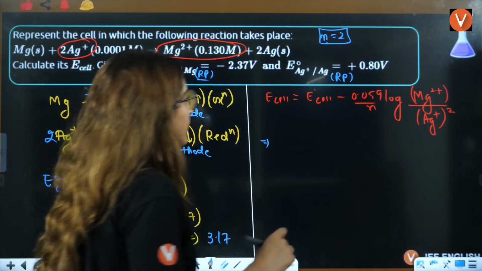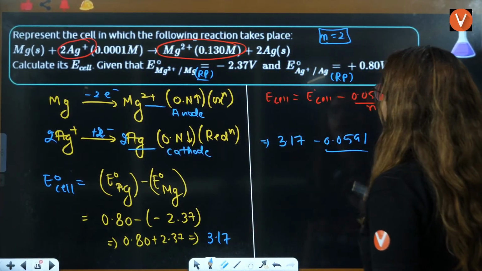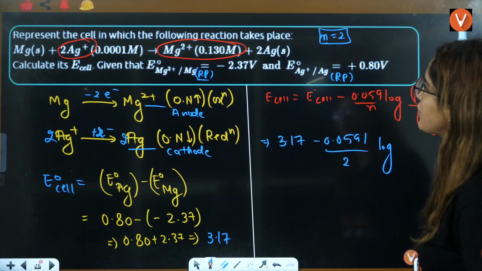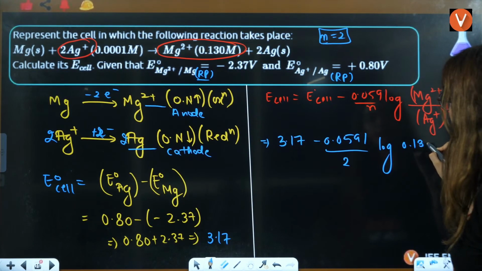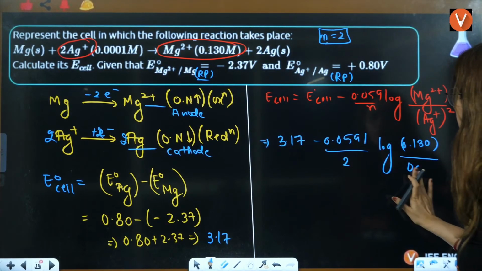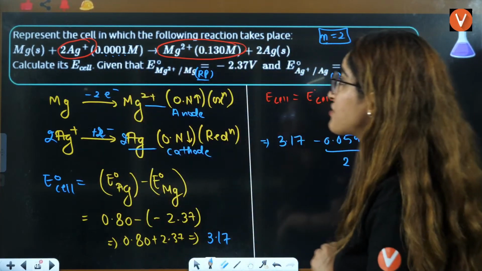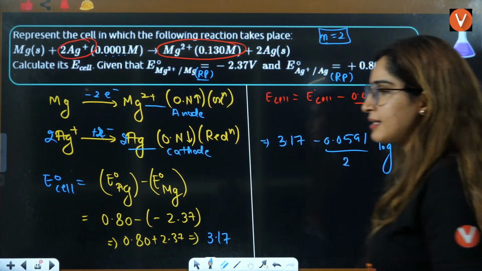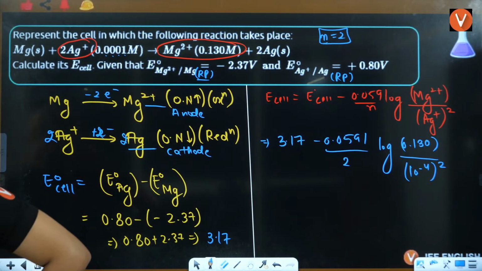So you will put it here. 3.17 minus 0.0591 divided by the value of N, which is 2, times log of Mg concentration, which is 0.130, divided by this, which is 10 raised to minus 4, so you can write 10 raised to minus 4 squared. You solve it and you will get your answer here. Right? Okay.